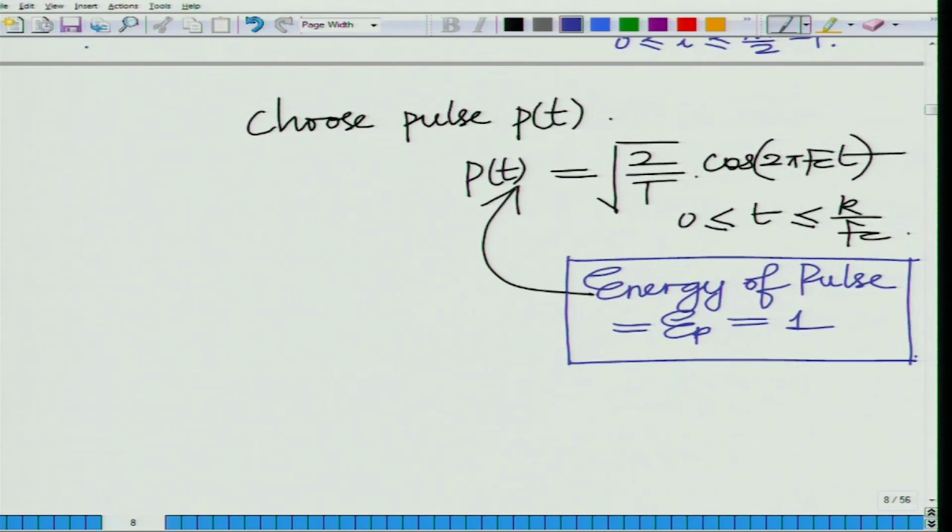And obviously, now that we have a pulse p(t), I can use the matched filter receiver, similar to what we have done before.